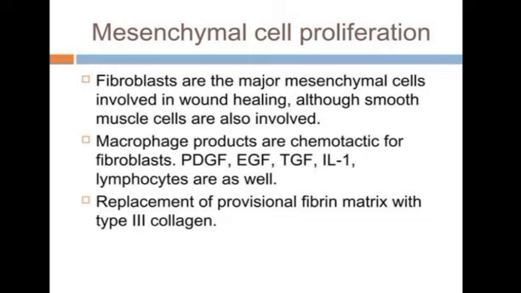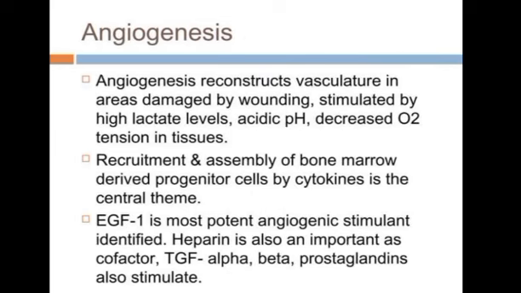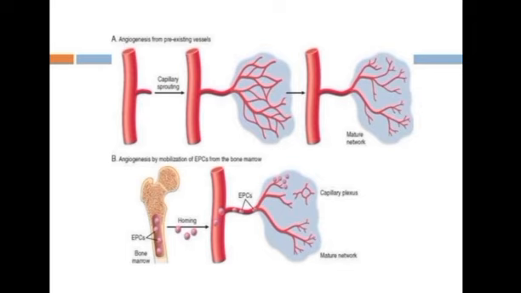So these are the inflammatory mediators which are also released, and they will replace the provisional fibrin matrix with type 3 collagen, which will get formed in this phase. Angiogenesis means the damaged blood vessels will be reconstructed, and cytokines are also released. Next, more inflammatory mediators get released.